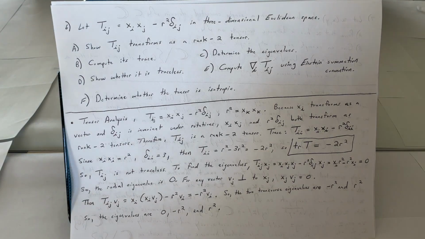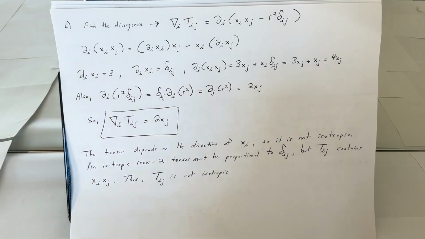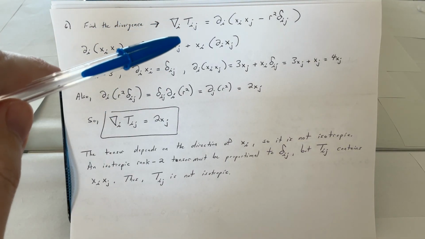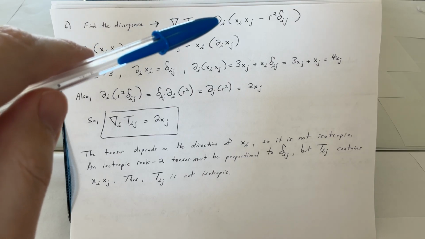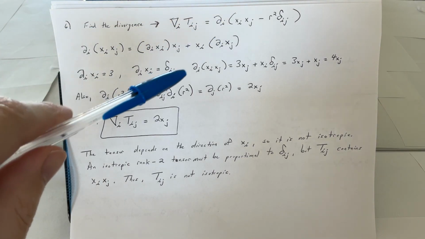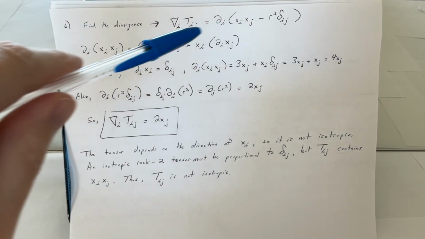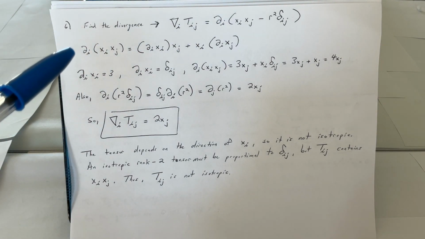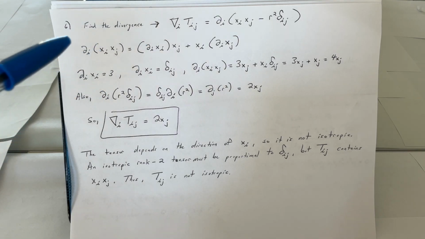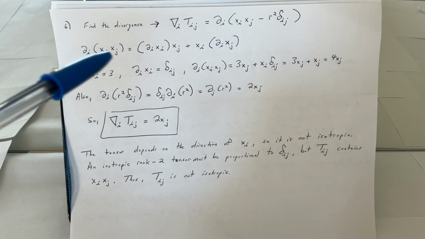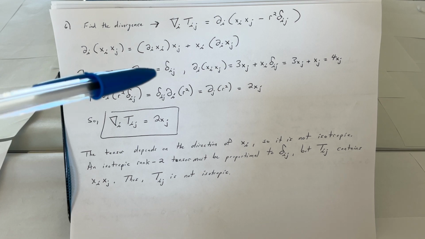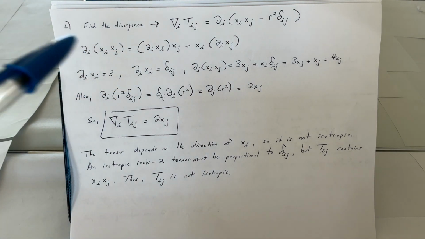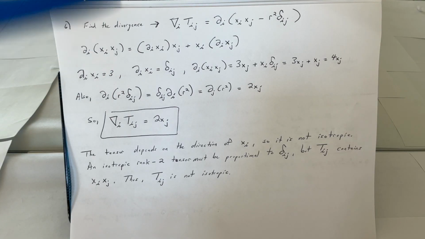Okay, building on that, we want to find the divergence. We have the del operator ∂_i T_ij equal to this whole expression here. Rewriting this for these partials, we get these partials here, related to the tensors. Writing all of this out is a bit tedious.